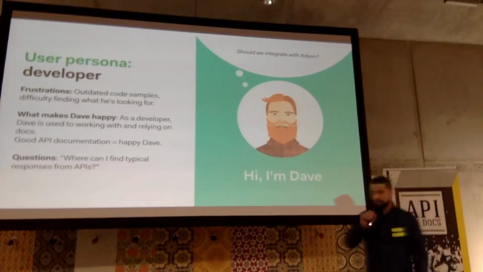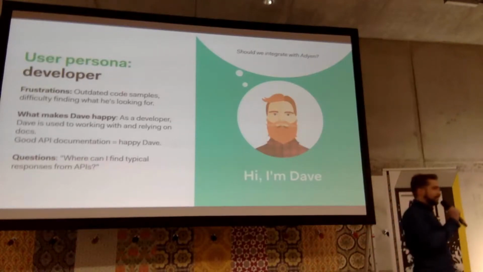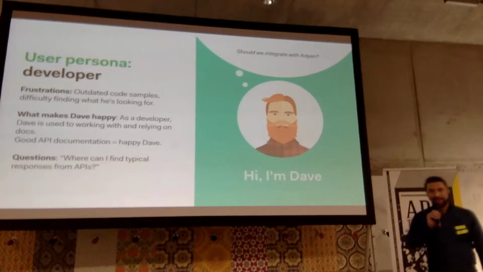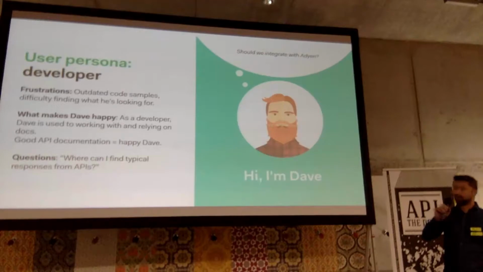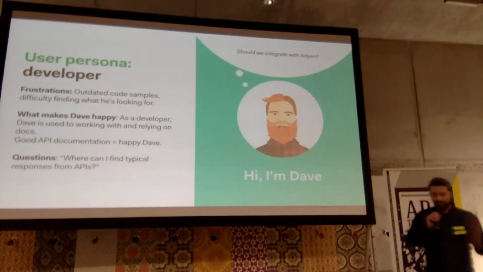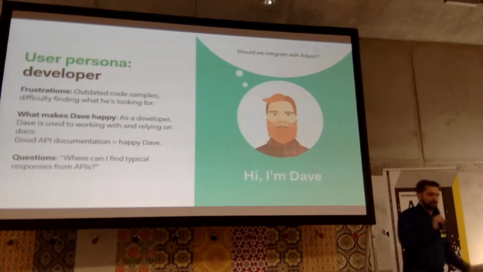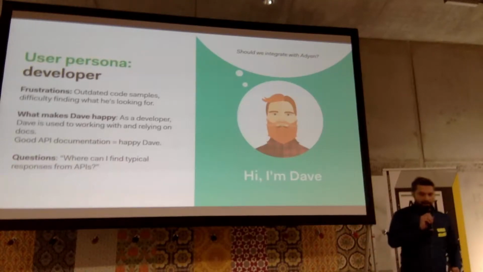Also, in everything we do, we try to look at the perspective of our real users. That's why we have user personas. And that's Dave. Dave is the developer. Every time we analyze how projects perform, or what kind of new UX and documentation we need to implement, we try to test with different user groups.